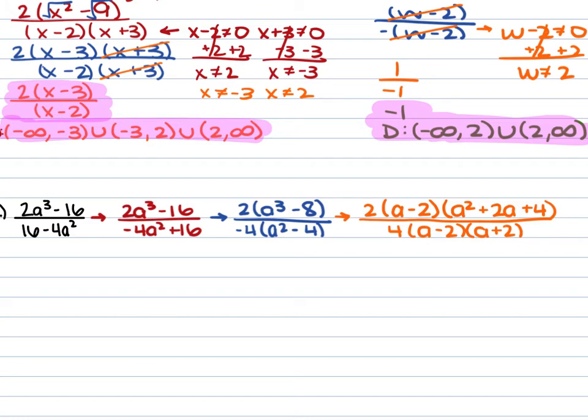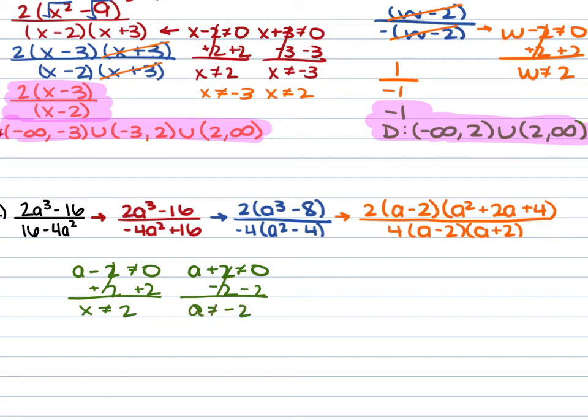From here, we have a variable in the denominator, and we are completely factored. So we're going to take the variable terms in the denominator, which is a minus 2, and set it not equal to 0, as well as a plus 2, and set it not equal to 0. We move the 2's over for each of these, and we get that a cannot equal positive 2, and a cannot equal negative 2.